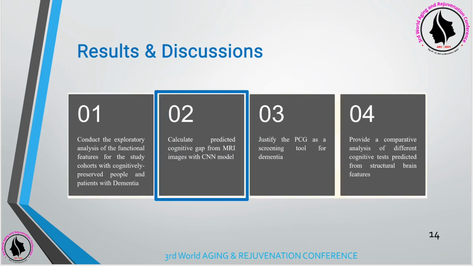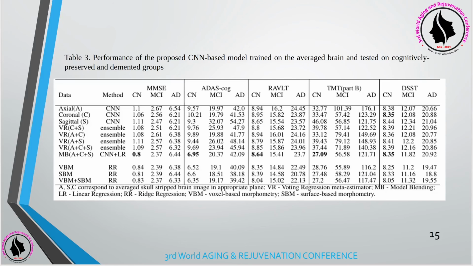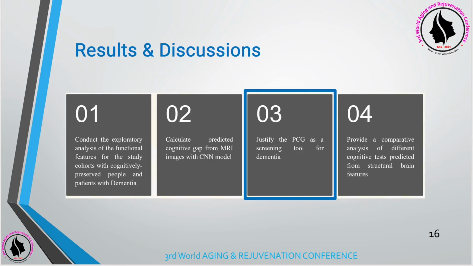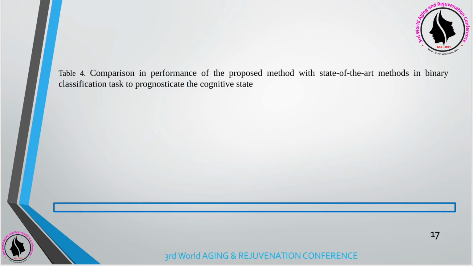The second objective was to calculate the predicted cognitive gap from structural images using the CNN model. Table 3 illustrates the performance of our CNN model fed with single or multimodal 2D images. To assess the predictive potential of the applied model, we move to objective number 3: justify the predicted cognitive gap as a screening tool for dementia.